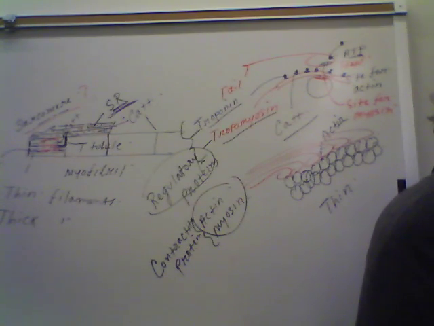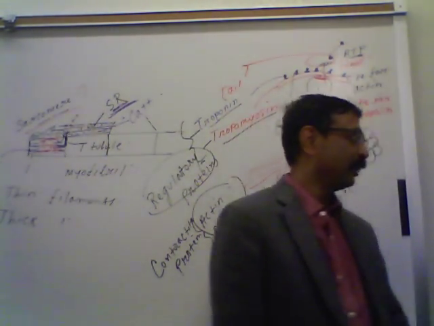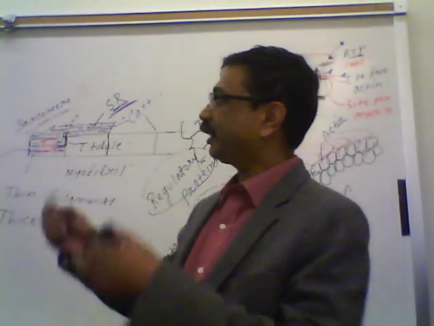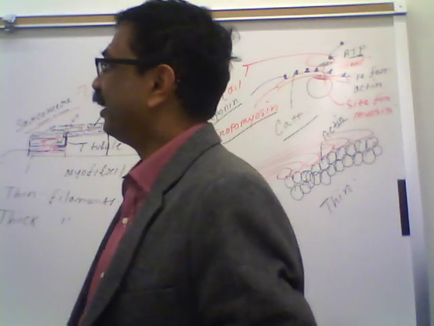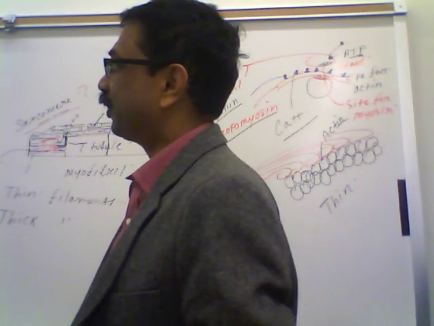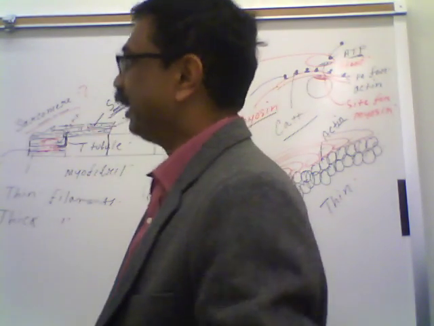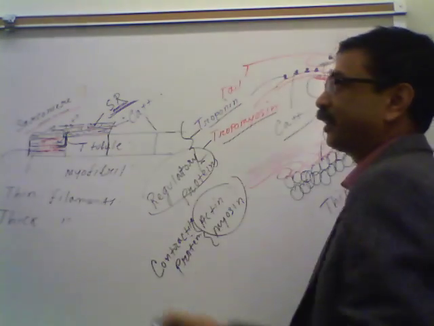You don't need to remember these names. Here you have both, so it is dark. Here you have only thick, that is another band, the H band. You don't need to remember. Just understand why you have those bands under the microscope: because of the presence or absence of the thick and thin filaments.